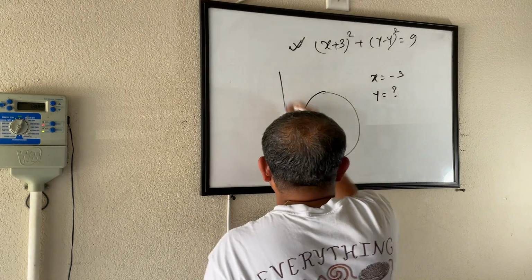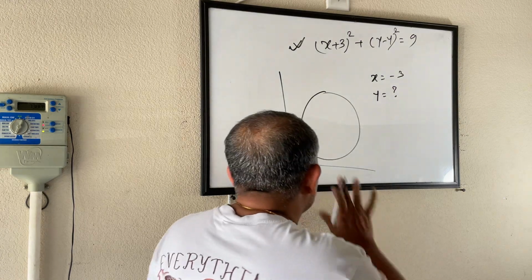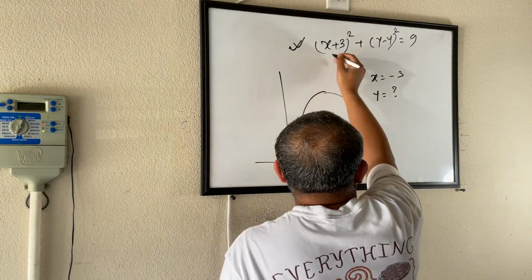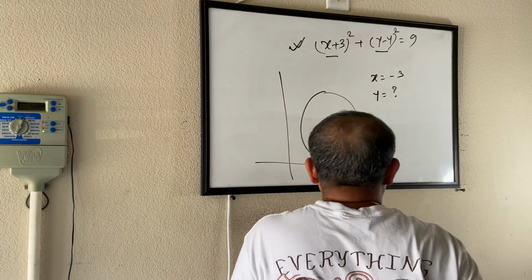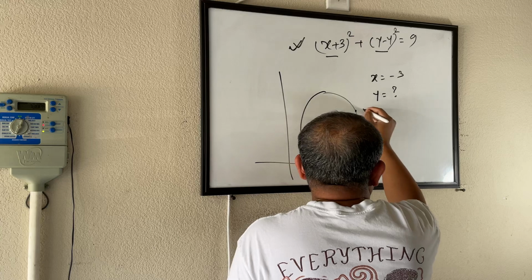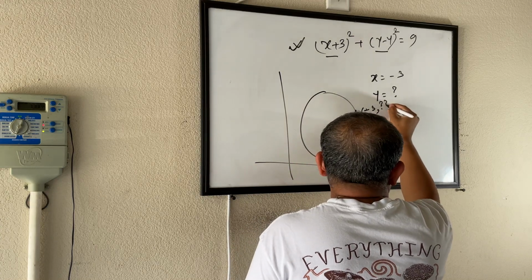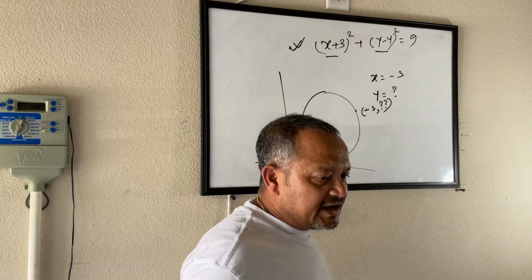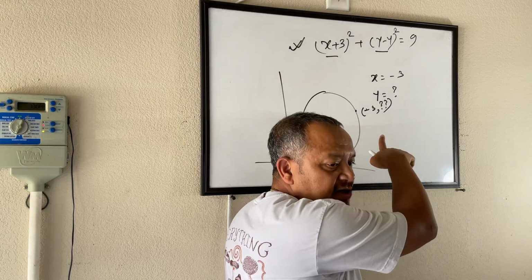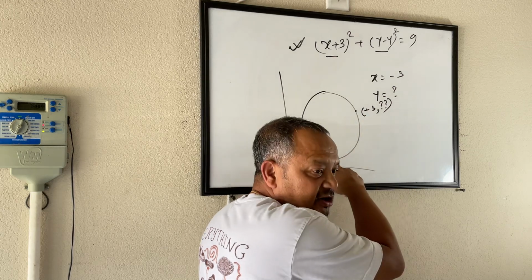So let's say this is, I'm just doing a rough sketch, okay? Center, you have this equation. It says a point on the circle. Any point on the circle has x coordinate as minus 3. Find out what will be the y coordinate. And you can see how horrible my drawing skills are, because minus 3 of x value will not come in the first quadrant.